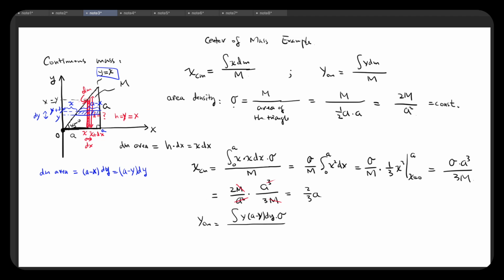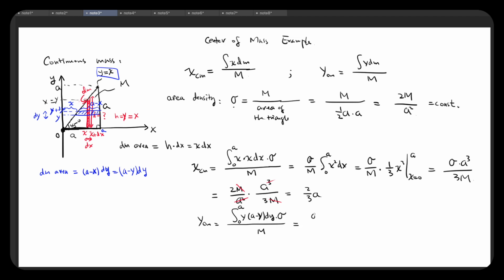Now the integral here, the y coordinate, goes from here, that's the initial y, and then up to here. So y also goes from 0 to a. So this height is a.